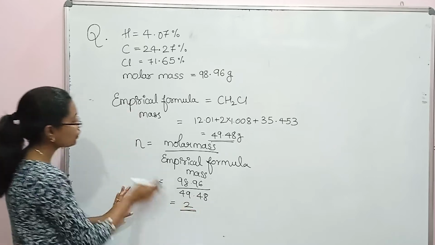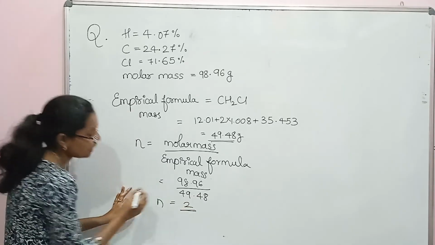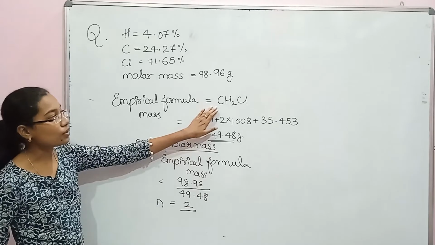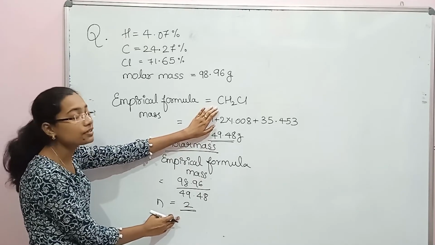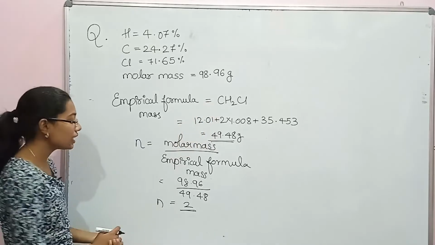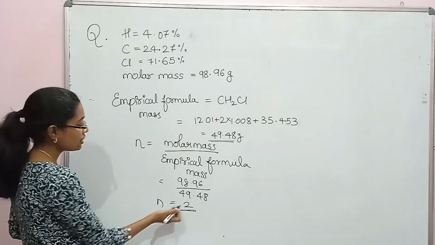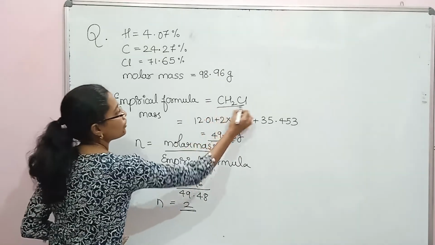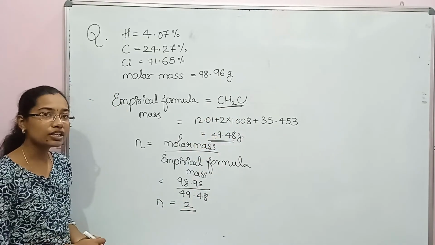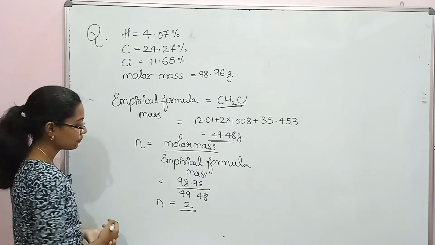Here 2 is N, and we know that the empirical formula multiplied by N will give the molecular formula. So simply by multiplying this N to the empirical formula, we will get the molecular formula.